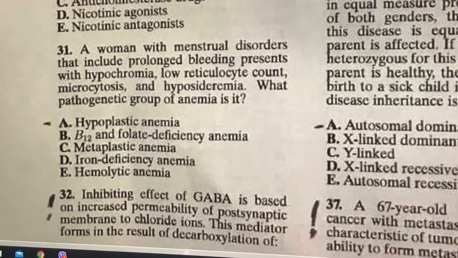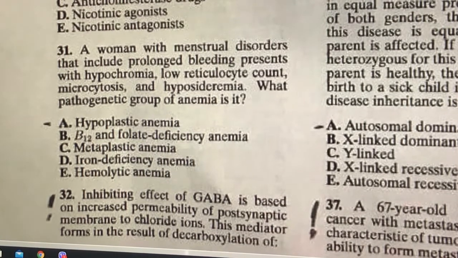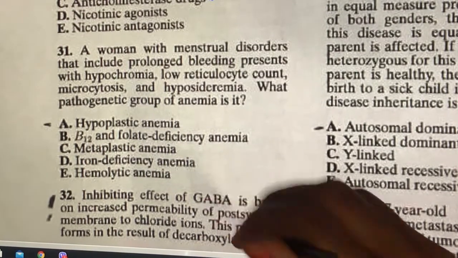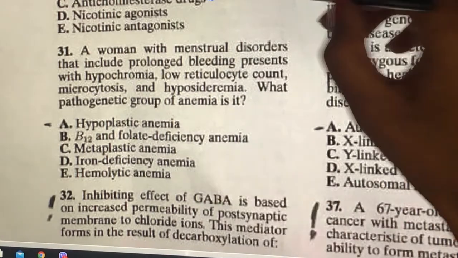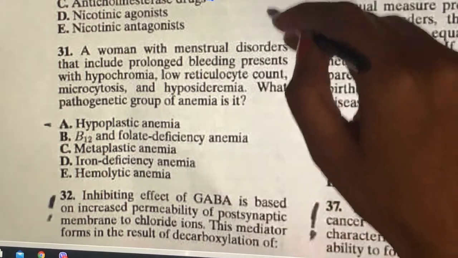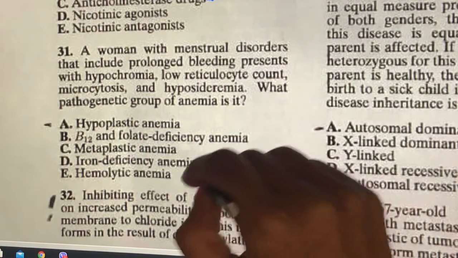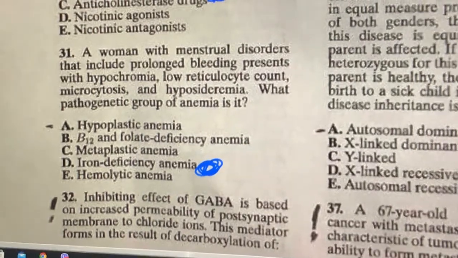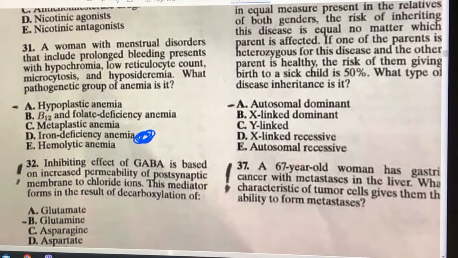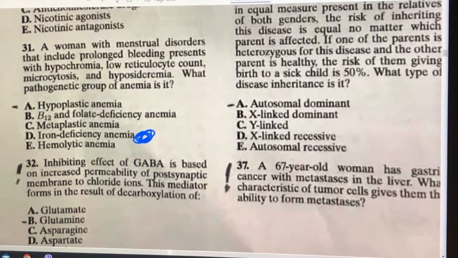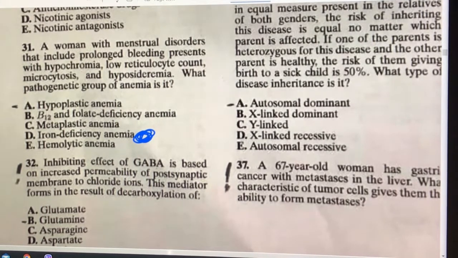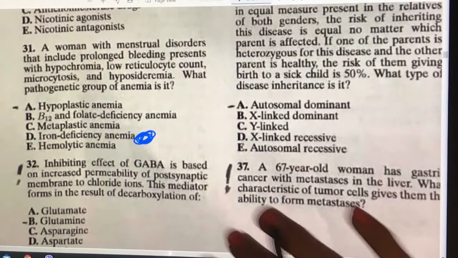So hypochromic anemia is because of iron deficiency anemia. Iron deficiency anemia is hypochromic, and if hyperchromic is given, then the answer would be vitamin B12 or vitamin B9.